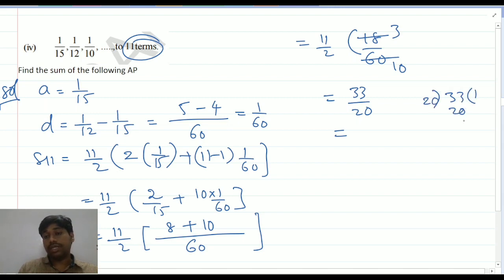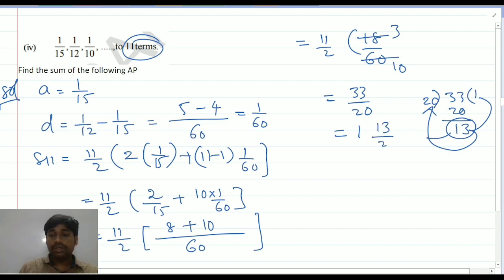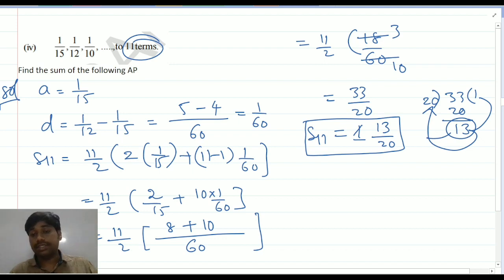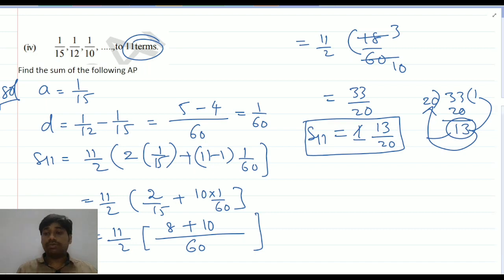Ones are 20, 13 remainder. So 1 13 by 20. So this is the sum of 11 terms of this AP. As a mixed fraction, I have written the answer here. Okay, my dear students, so the sum of 11 terms we calculated like this.